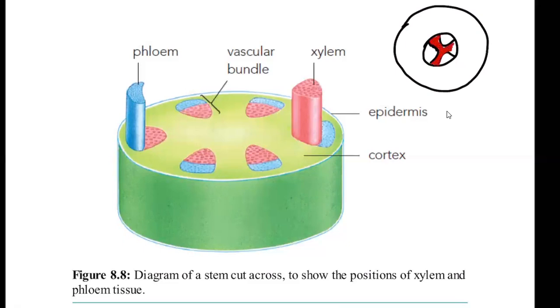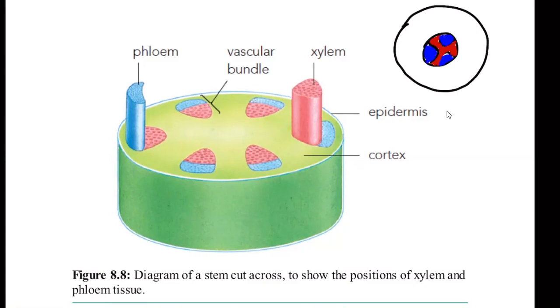However, the xylem is only found in the center. So xylem is only present in the center, and phloem is present in 5 different sections around the circumference. However, in the stem, the xylem and the phloem are linked with one another, meaning that they're right beside each other. So the number of xylem present in a stem is much greater than the number of xylem vessels present in the root.